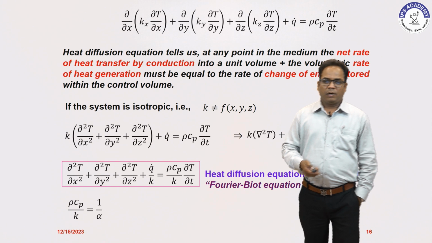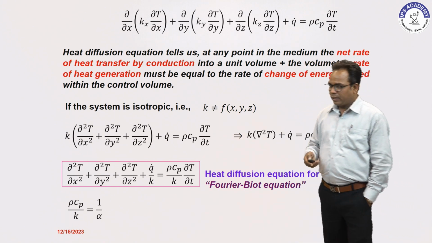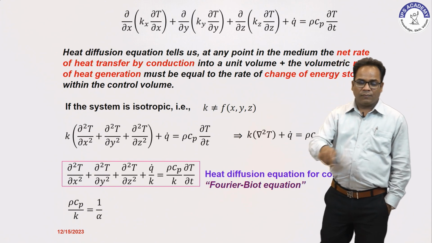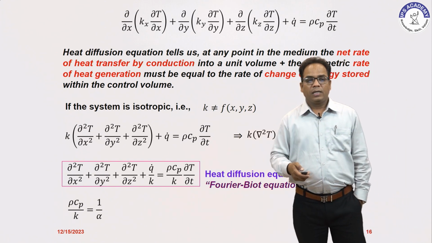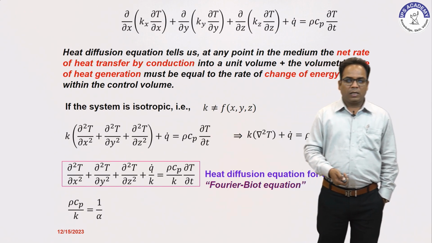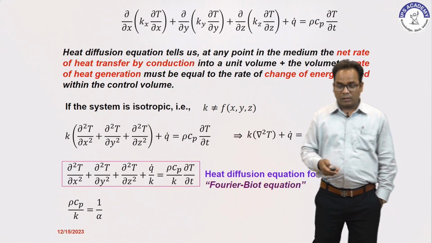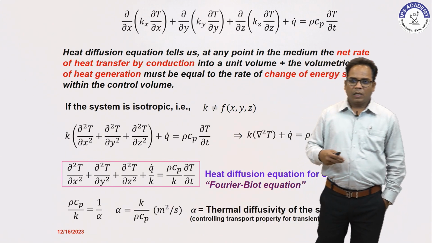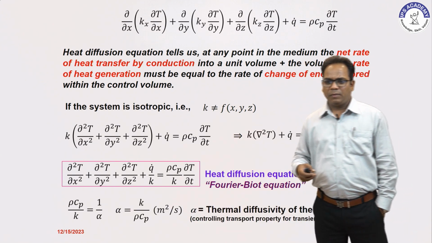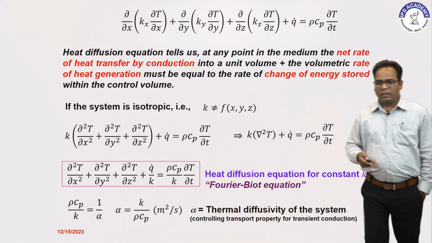So for that we have to consider some properties. This rho Cp upon K is known as thermal diffusivity, where alpha is the thermal diffusivity. The thermal diffusivity of the system is a controlling transport property for transient conduction.